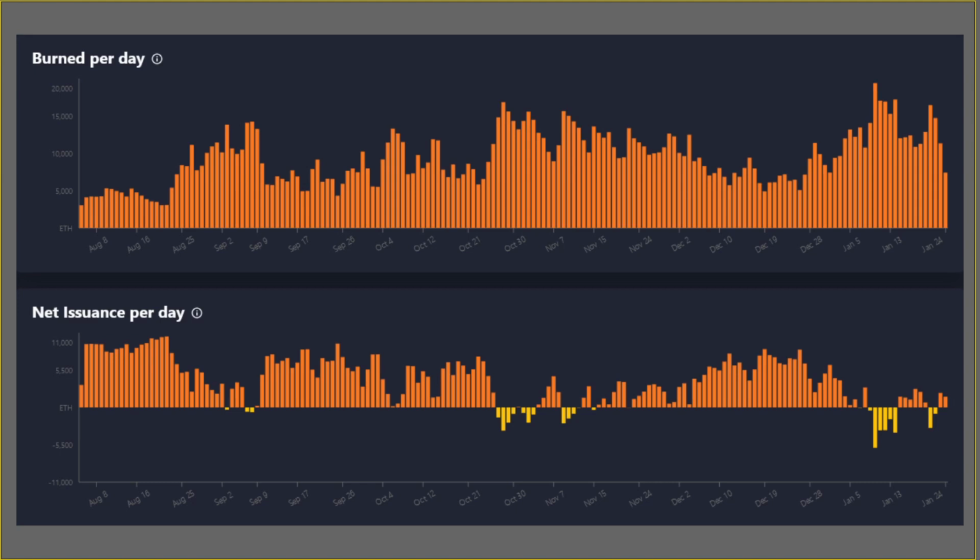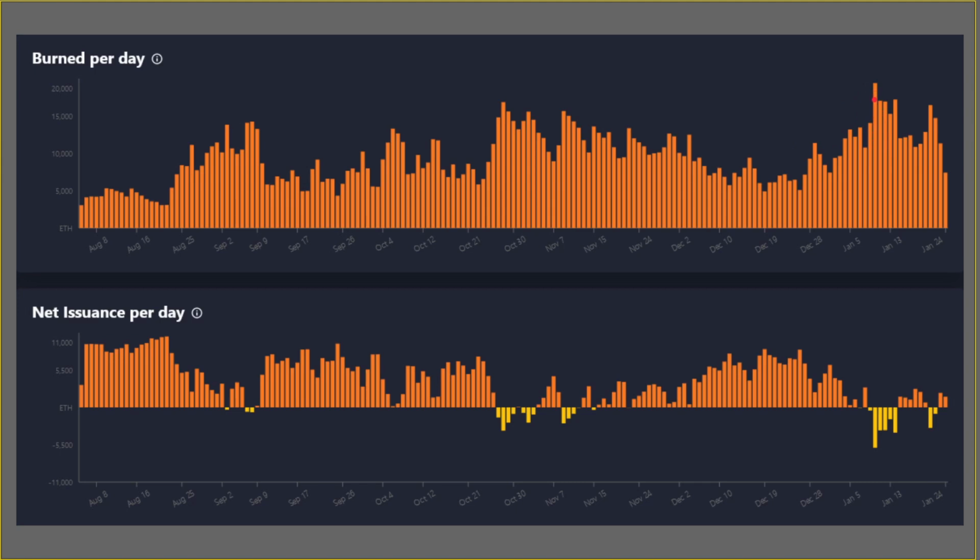Since August 2021, there was a protocol upgrade called EIP 1559, and due to that, there was a change in the coding where instead of additionally adding more Ethereum to the circulating supply, additionally adding more Ethereum rewarded to the miners, that Ethereum is now going to start being burned, which would then in turn start to reduce the amount of ETH in circulation. And we're starting to see this number continually increase.